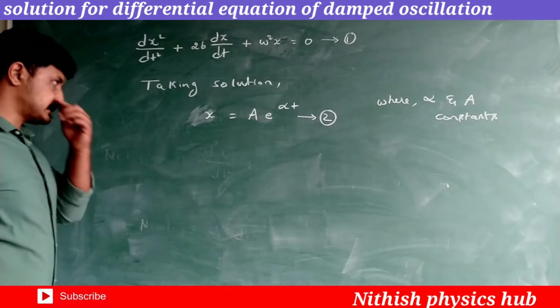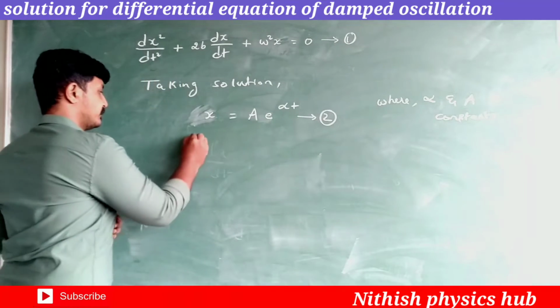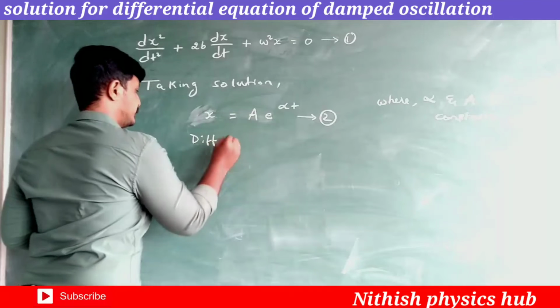If I take the solution as equation number 2, now I need to differentiate this equation with respect to t.